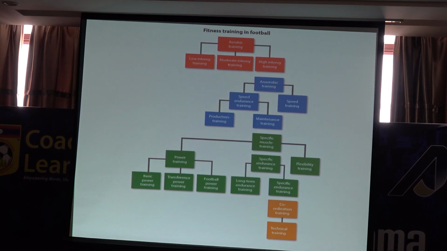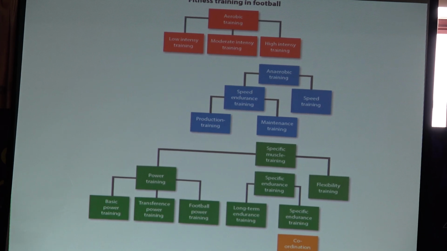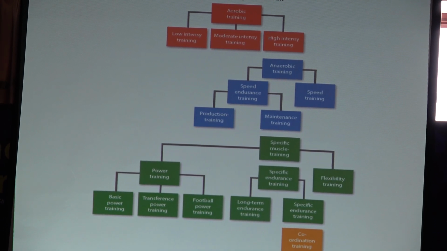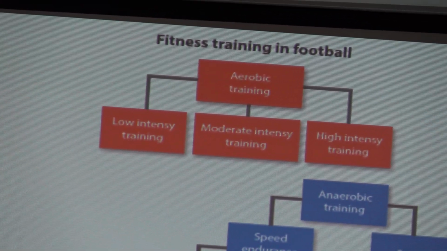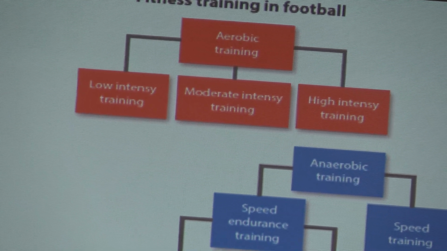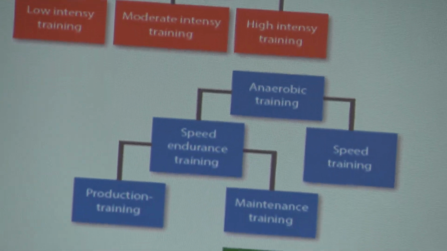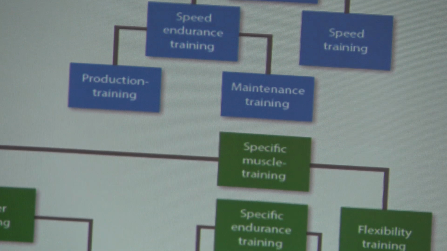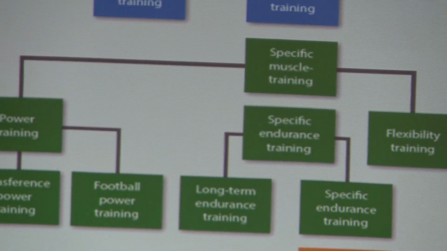High intensity, not so high intensity distance. This can be done in small-sided games, with a high intensity. Or it can be done with playing on bigger fields like we did in the transition drills that I showed you today.